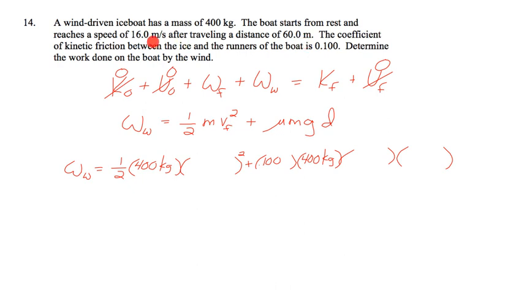So 16 meters per second is my final velocity, so that goes right there. And the d, that's the distance. So the 60 meters goes right there. And g, the only thing left is g, and that's 9.8 meters per second squared.